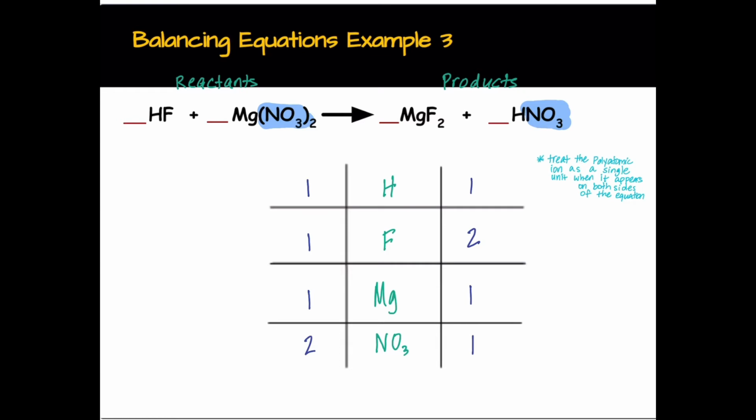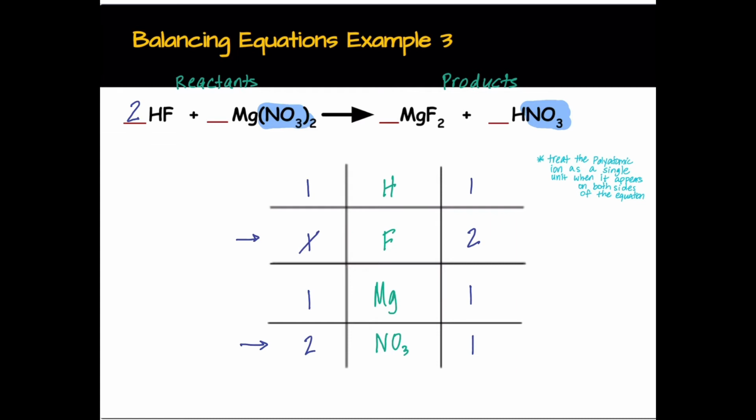Notice right away that the fluorines and the nitrates are not balanced. So we can go in order and balance them, starting with fluorine. To balance the fluorine, we'll need a coefficient of 2, so we'll place that in front of the HF molecule.